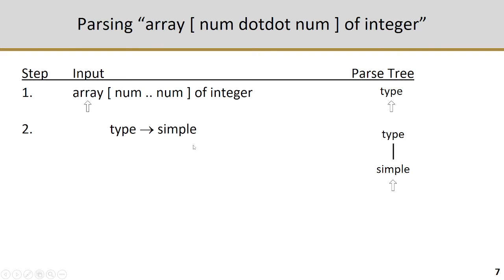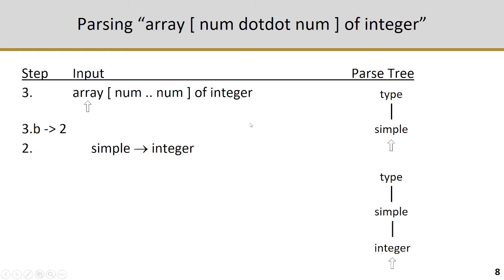That's why the first rule is type to simple. So first we have type here, and then simple is derived from the type. And then, since simple is a non-terminal, we try to take into account all the rules applicable for the simple. We are still at the initial token at the input, and try to apply the rules for the simple.